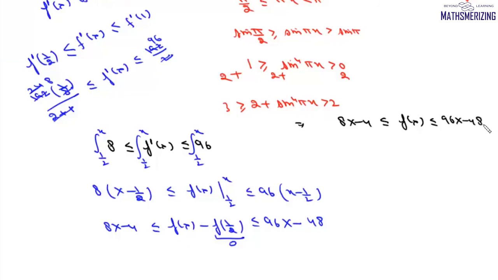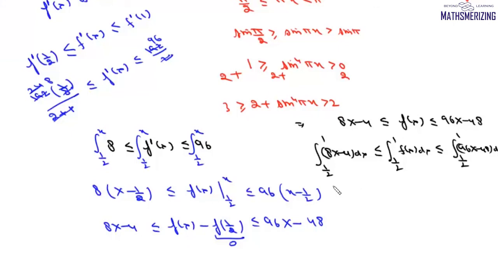Now we need to find the minimum and maximum value of this integral from 1 by 2 to 1 f(x) dx. So what we'll do is integrate these two functions from 1 by 2 to 1. The integral of 8x minus 4 dx will be less than or equal to the integral from 1 by 2 to 1 of 96x minus 48 into dx.